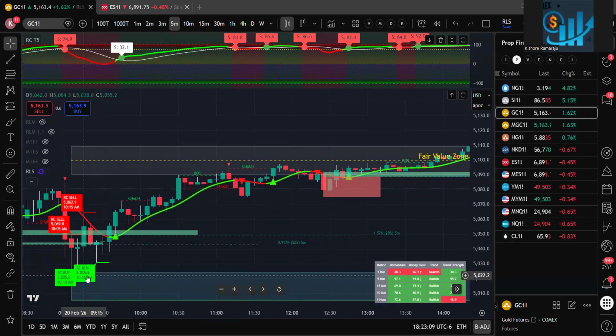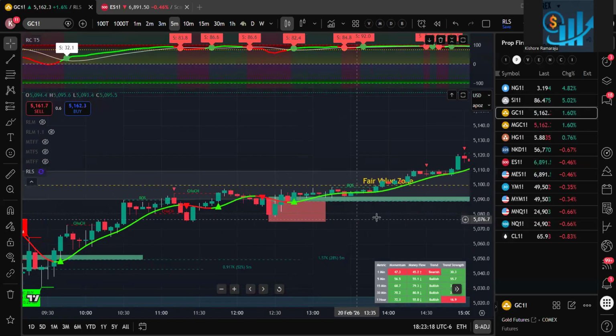So you got a buy here. If you missed the first buy signal, you can always catch the second buy signal. If you miss this one, you can catch this buy, or you can catch this buy signal.